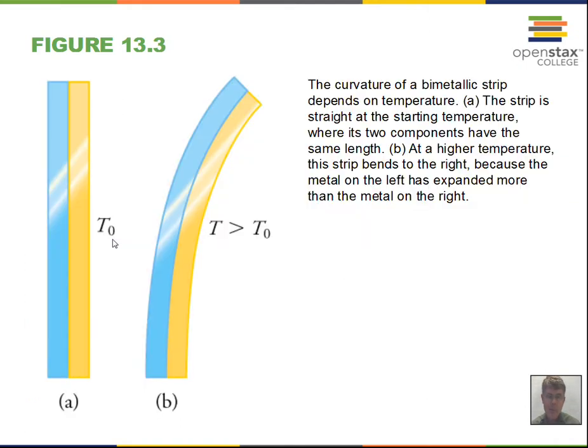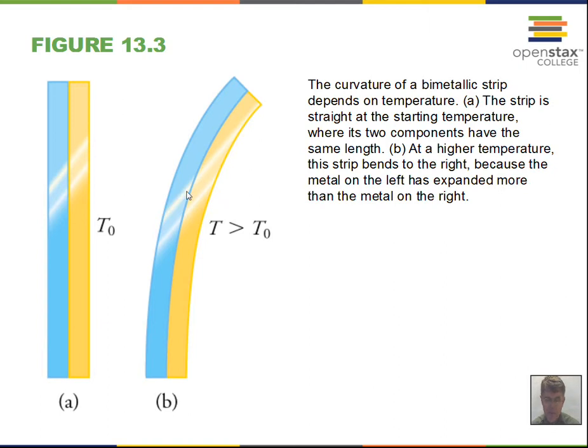Another system that will give us an indication of temperature would be a bimetallic strip, where the expansion of the two metals is different. As the temperature increases, we're seeing here the blue material has expanded more. The outside curve is a longer path than the inside curve, and consequently the material that expands more goes on the outside.